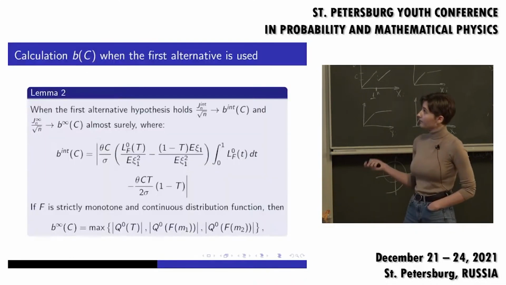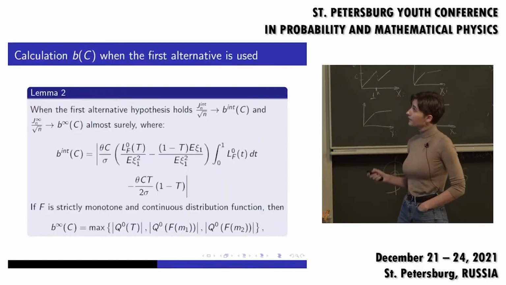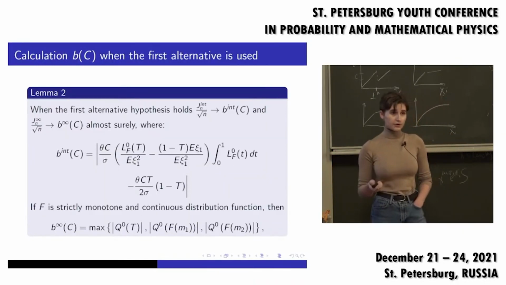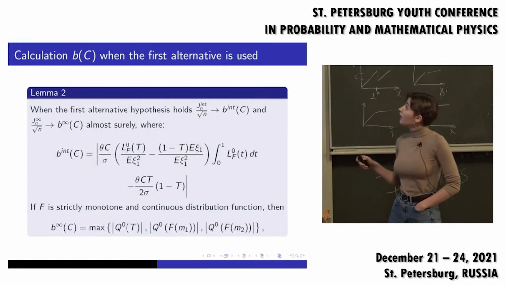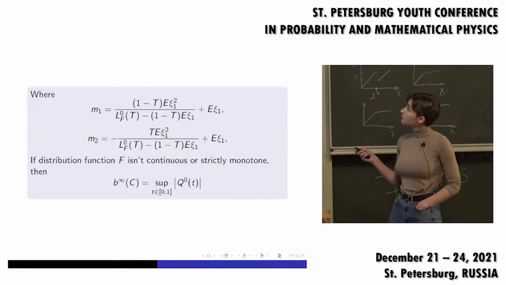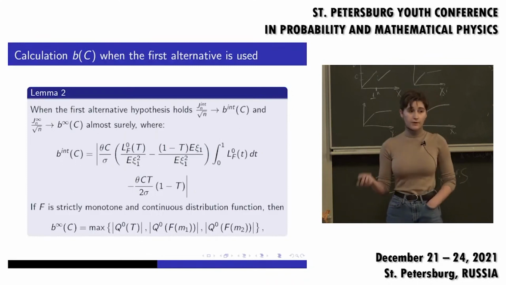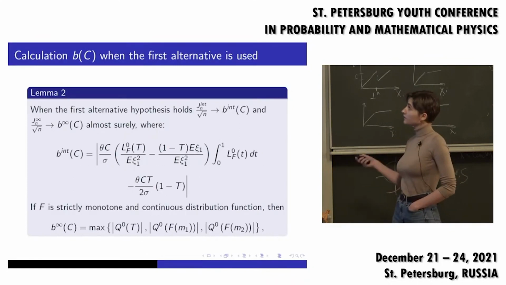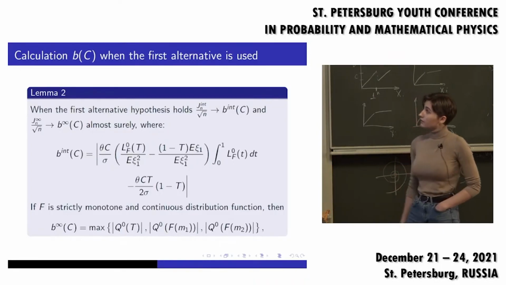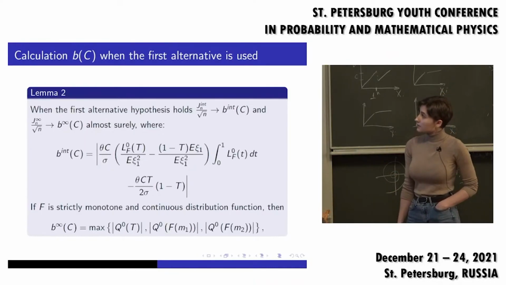Okay, and now b of c, when the first alternative hypothesis is true, j and int divided by square root of n tends to b int of c, and the same situation we have for the supremum functional, and coefficient b int of c is equal to this thing.